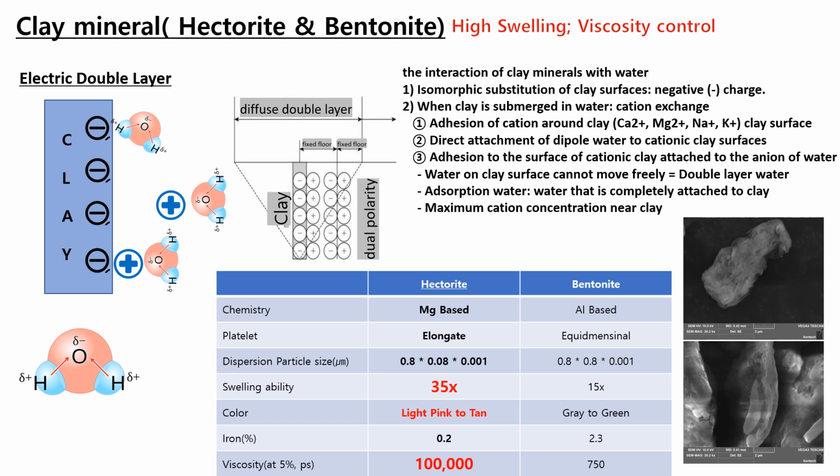Cations such as calcium, magnesium, sodium, and potassium are attracted to the negatively charged clay surface. These positive ions create a localized region of high cation concentration around the clay particle. Next, water molecules, which have a dipole structure, are attracted to these cations. This forms the layered water structure called the electric double layer.